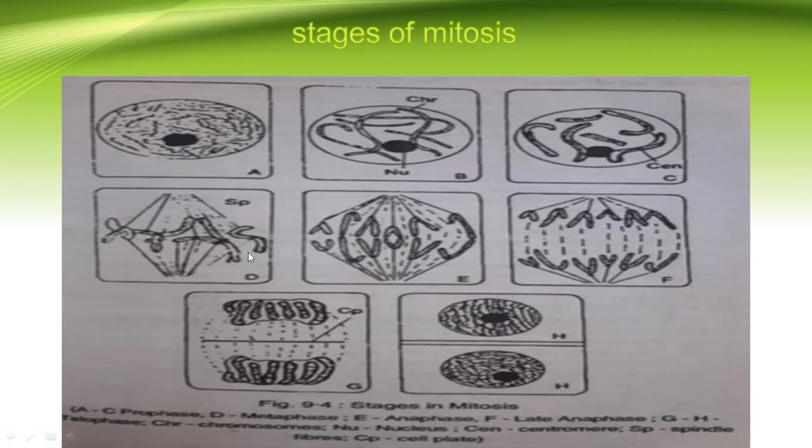Next, D is metaphase. Meta means between. Here you can see SP, the spindle fibers. Spindle fibers will be formed in the metaphase. Chromosomes here have two chromatids joined by the centromere.